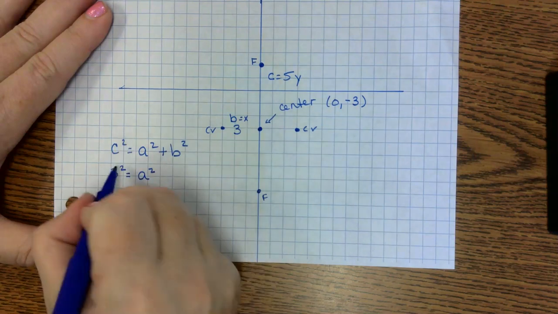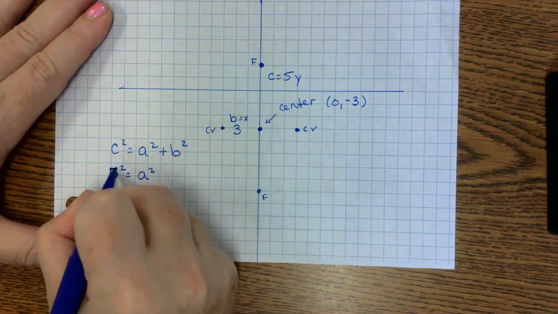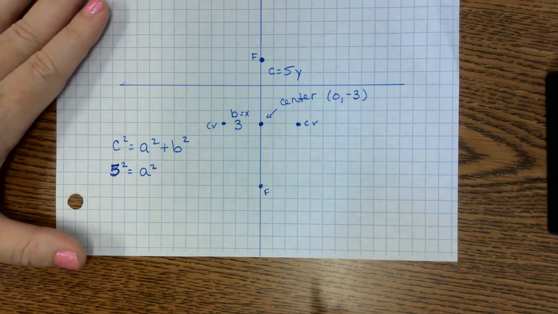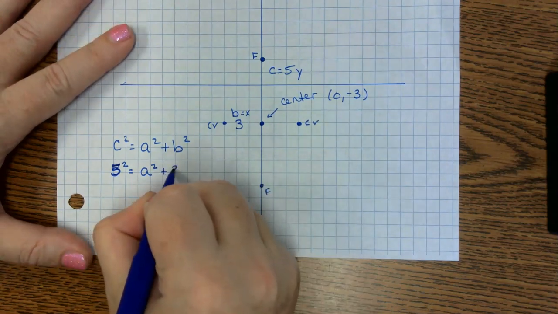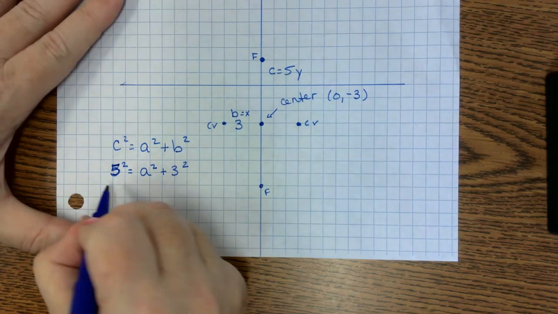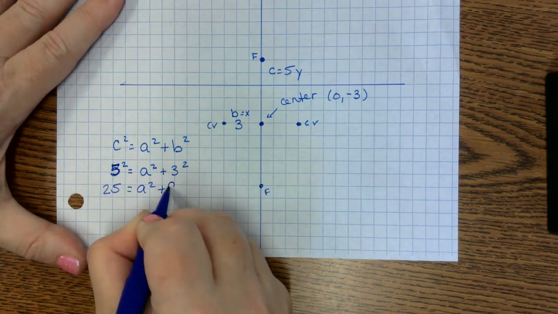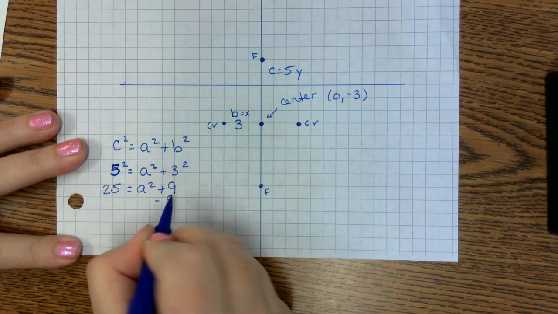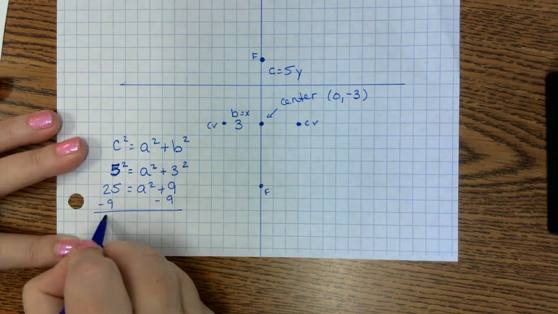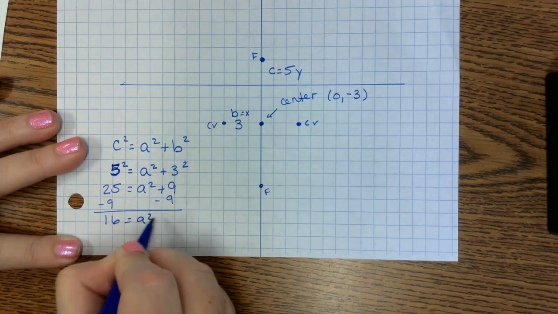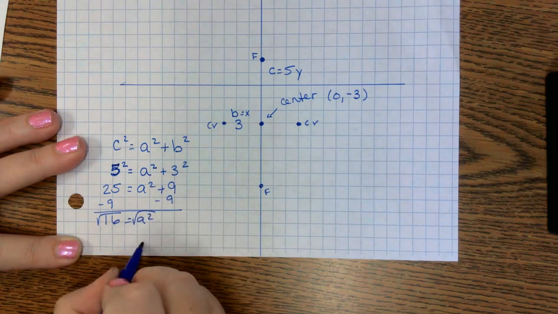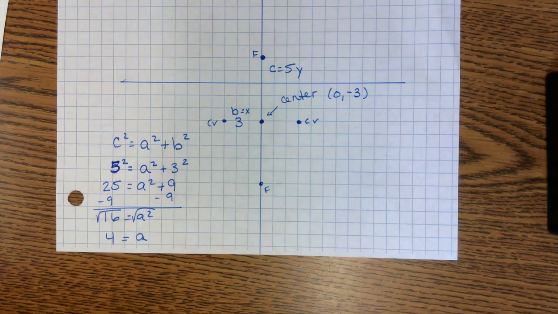My c is 5. I am so sorry. 5 squared equals a squared plus 3 squared. So we get 25 equals a squared plus 9. Subtract 9 over, and we get 16 equals a squared. Square root, so a equals 4.